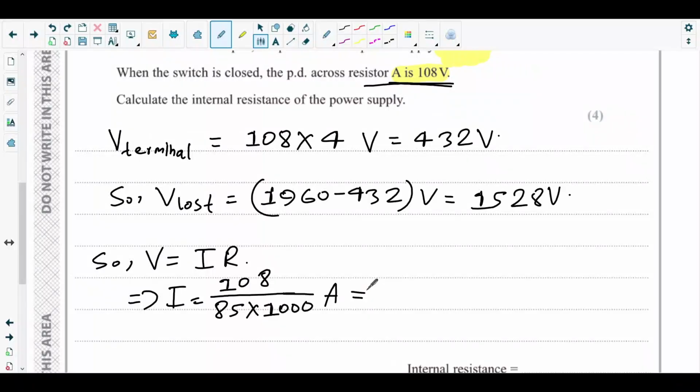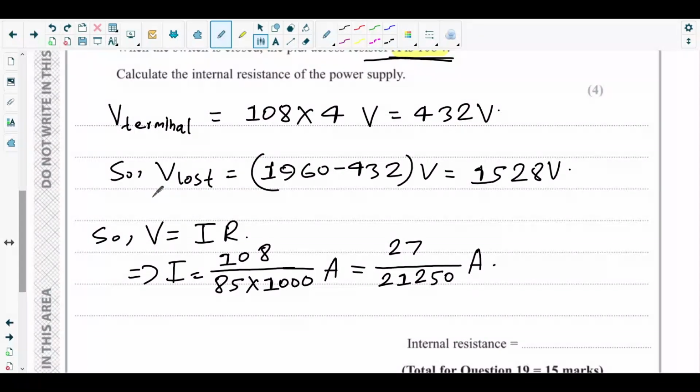That would give you 108 over 85,000. So this is basically 27 over 21250 ampere.